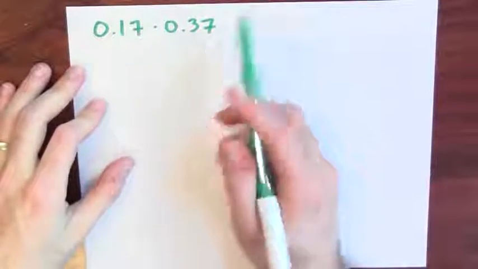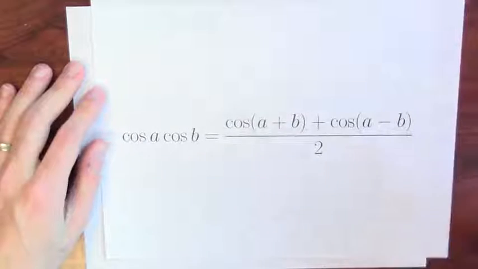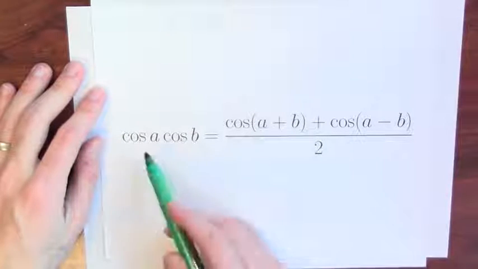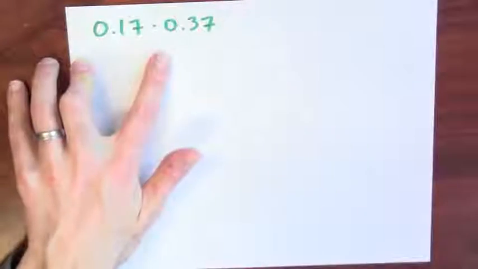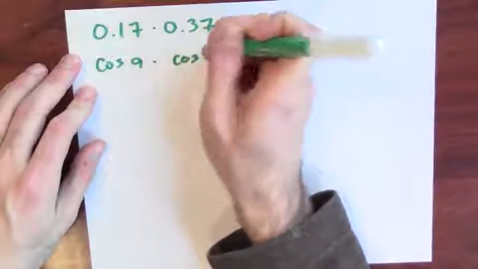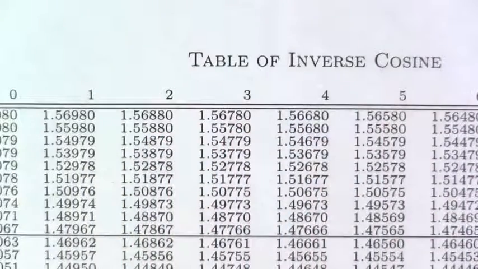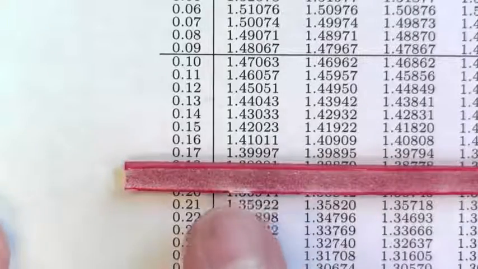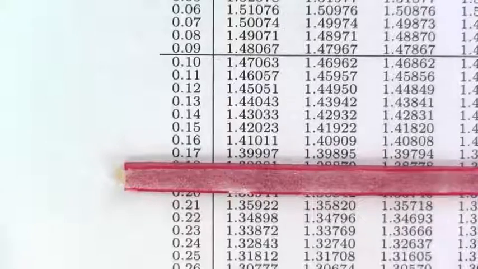Now, these numbers are so small you could just multiply them out, but it'll demonstrate the trick that would work on more complicated looking numbers. The formula that we're trying to use is this cosine A times cosine B formula. I can only multiply together cosines, so I should rewrite 0.17 and 0.37 as cosine A and cosine B. Now if I look at my table of inverse cosine and I look up 0.17, I find that cosine of 1.39997 is close to 0.17.